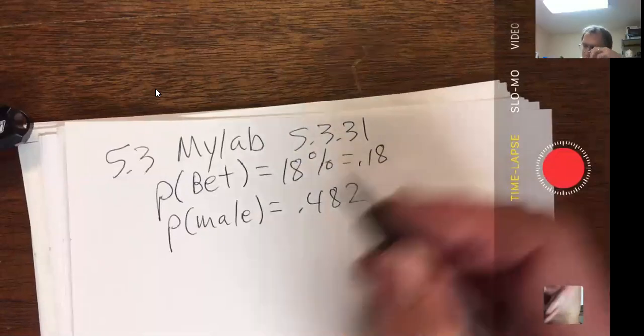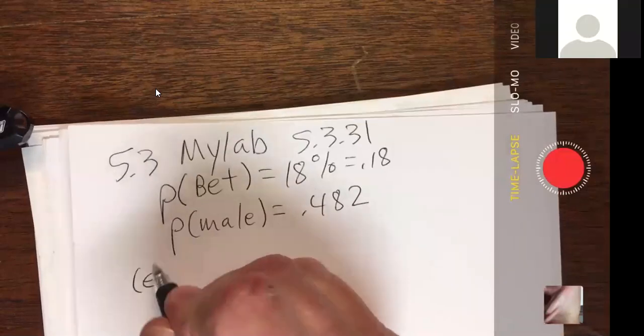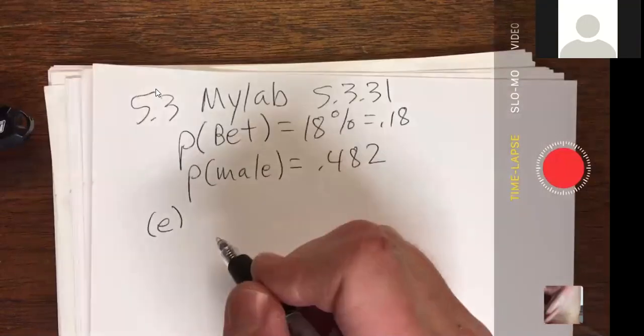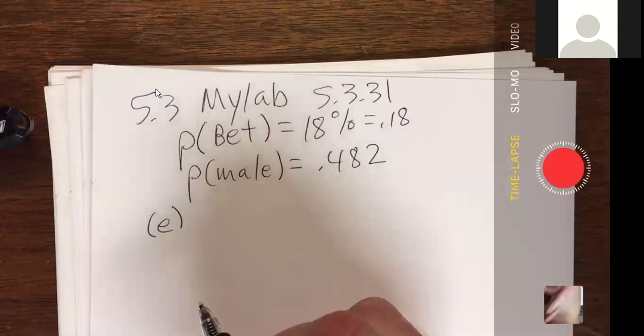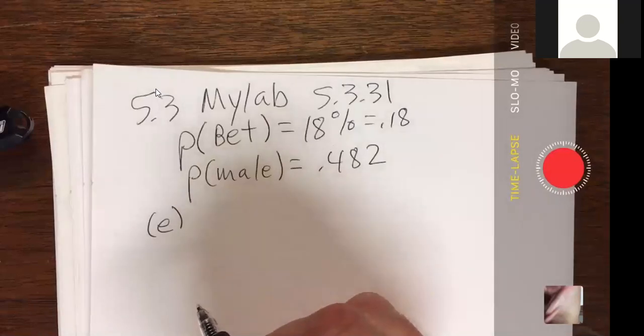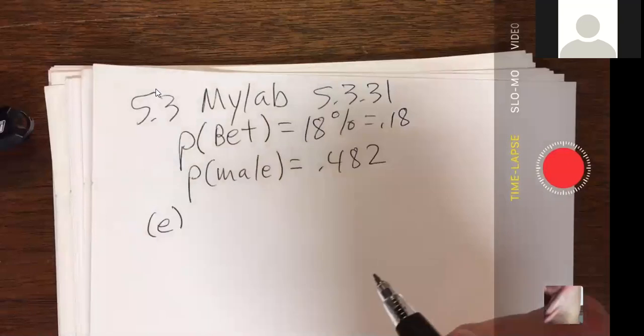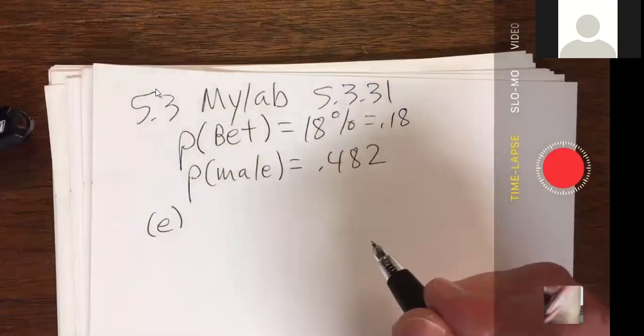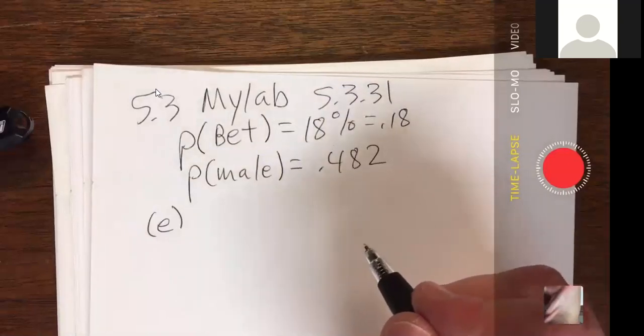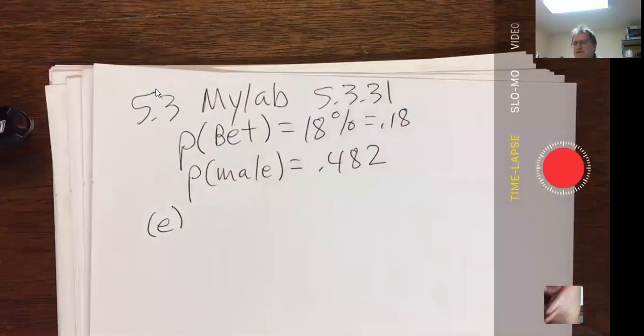Okay. What does part E say? I have to work it out till I get to that. One second. Okay. Yeah, because unfortunately, it's very similar to this one.